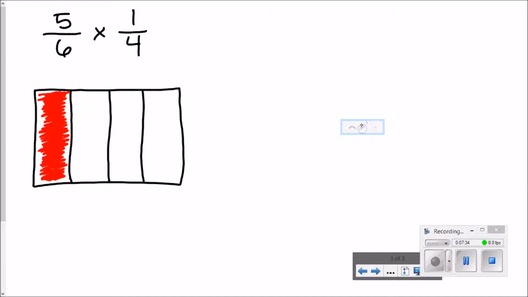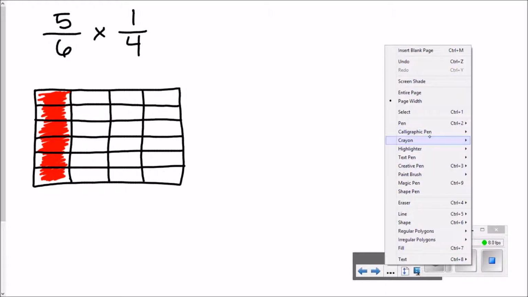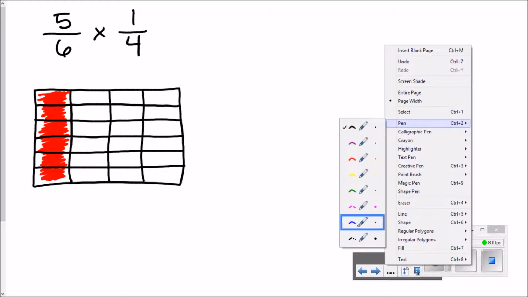Excellent. Draw those lines. So 1, 2, 3, 4, 5. That gives me 6 parts. 1, 2, 3, 4, 5, 6. And let's shade in blue.